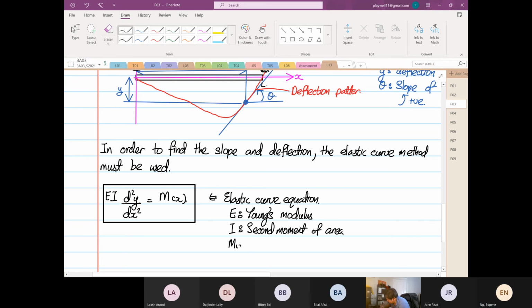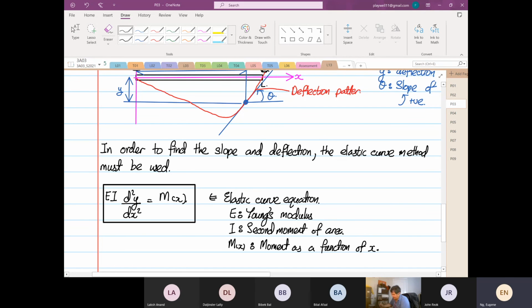M as a function of x is the moment as a function of x.